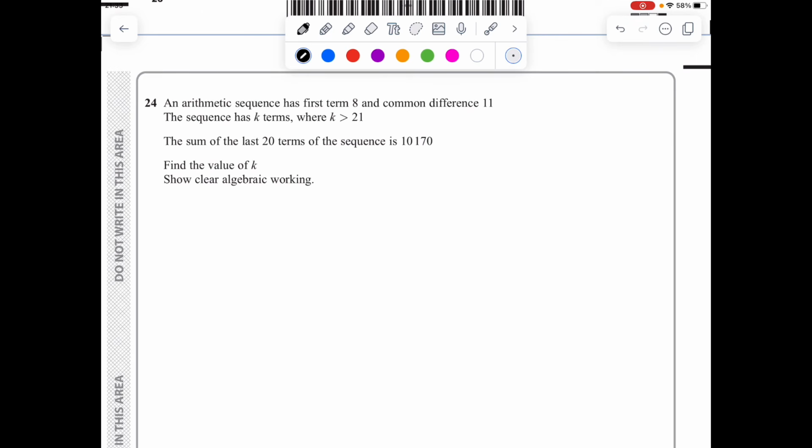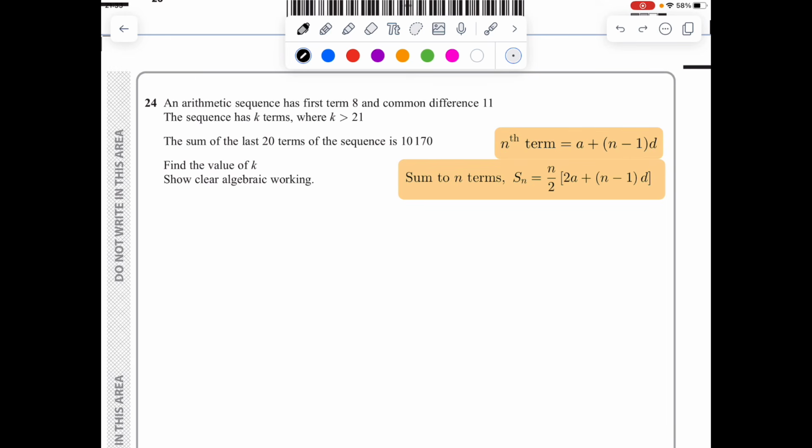For question 24, I'll need the formulae for the nth term and for the sum of the first n terms. Now, for this sequence, A is equal to 8 and D is equal to 11. Now note that the last term is the term at position K. So let's find this last term, using the formula A plus (n minus 1)D, I'll substitute and get 8 plus (K minus 1) times 11.